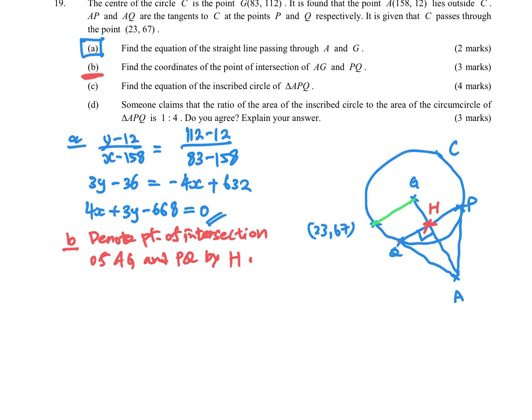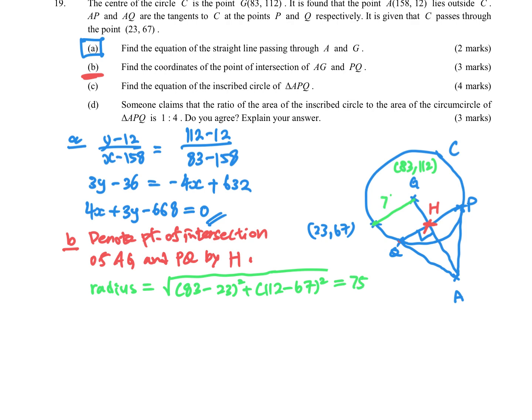So G is (83, 112). So we can find out the radius: 60 squared plus 45 squared, the square root, gives 75. So this is 75.